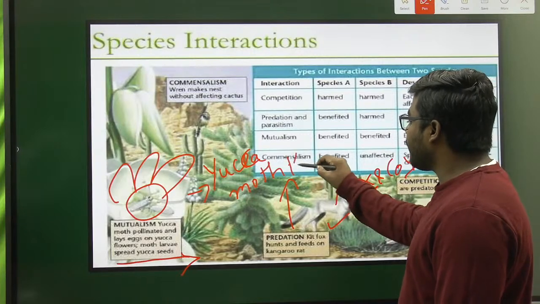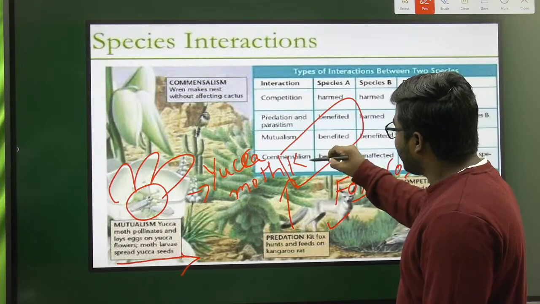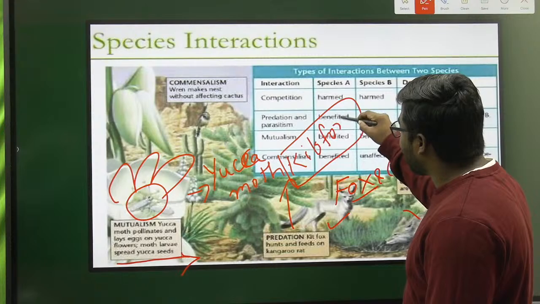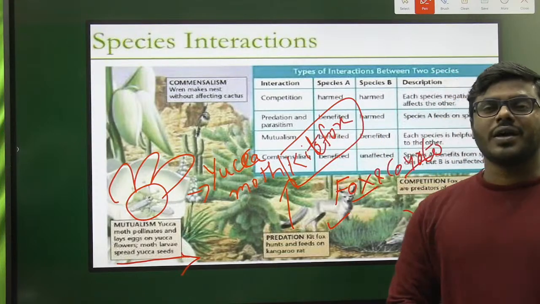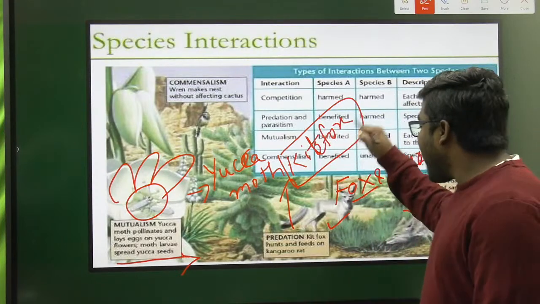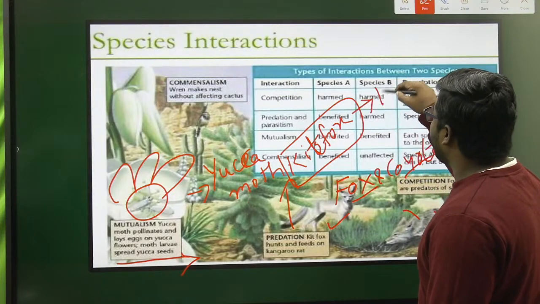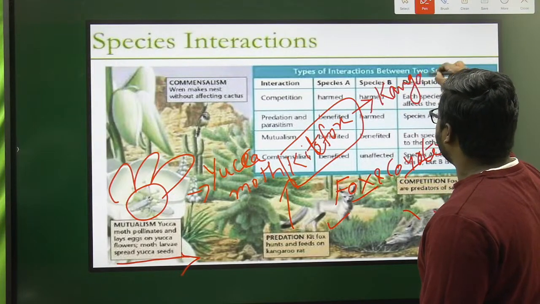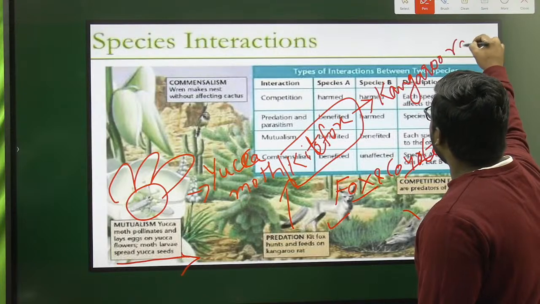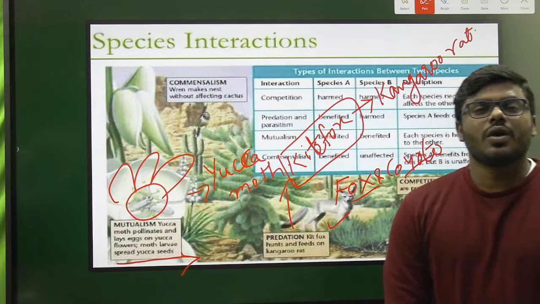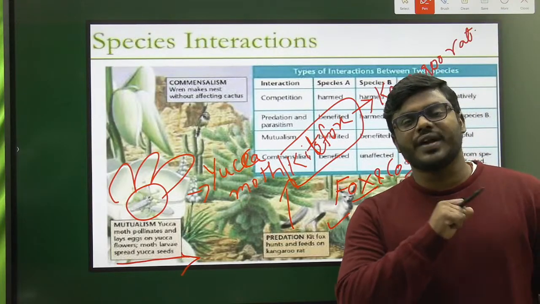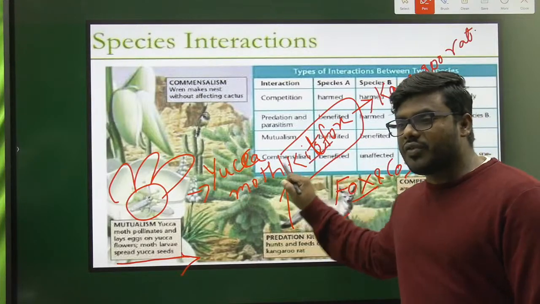Now predation. Take the kit fox, a large predator. What is the kit fox doing? It hunts and feeds on a small kangaroo rat. So obviously who is going to get benefited? The predator, that is the kit fox.